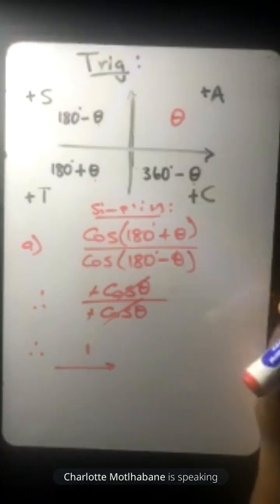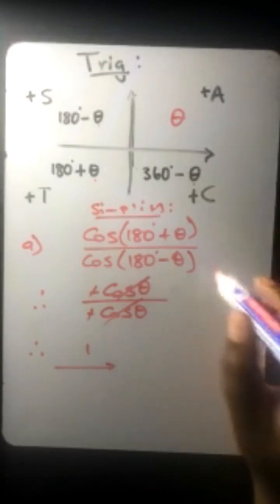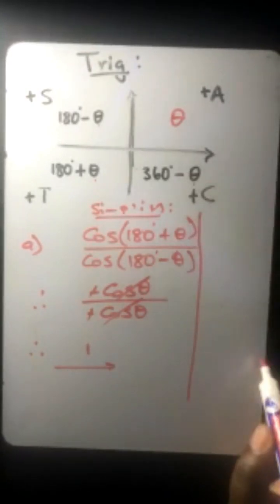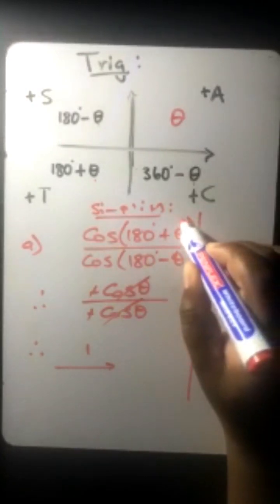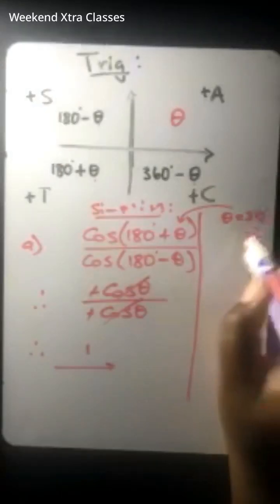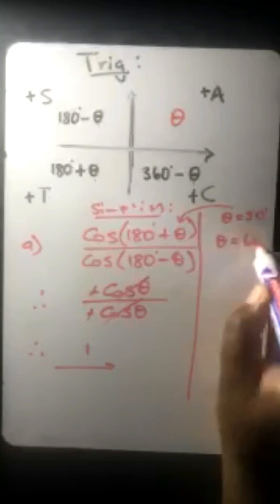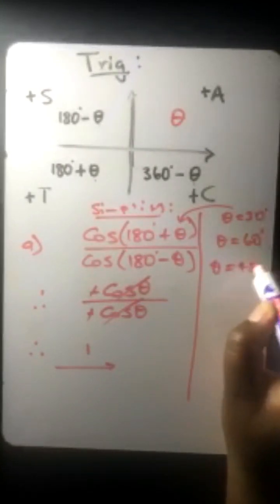So very quickly, let me teach you guys how to prove if your answer is wrong or correct. You are going to substitute whatever angle there. Some of you use 30, some 60, maybe some 45.